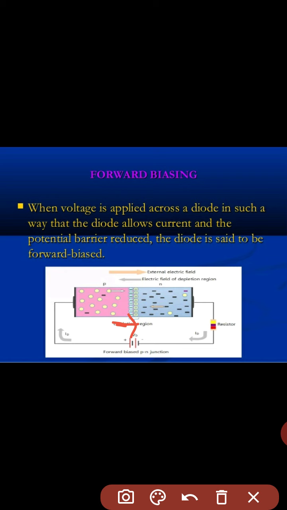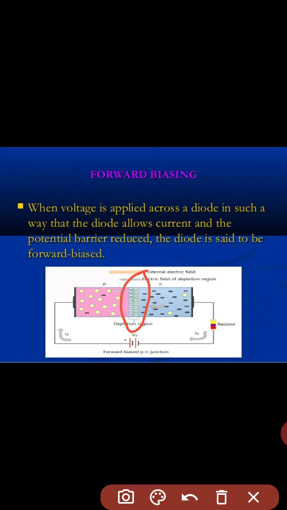Similarly, the electrons from the n region also get repelled by the negative terminal of the battery, and therefore they also start moving towards the junction, and the width of the depletion region gets reduced.